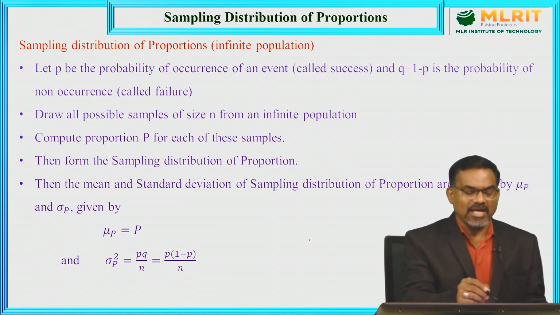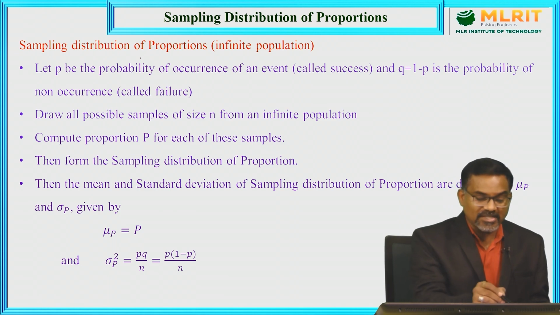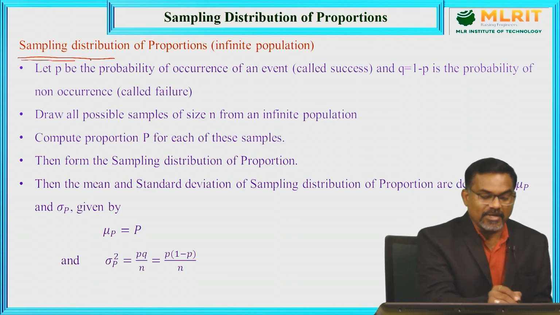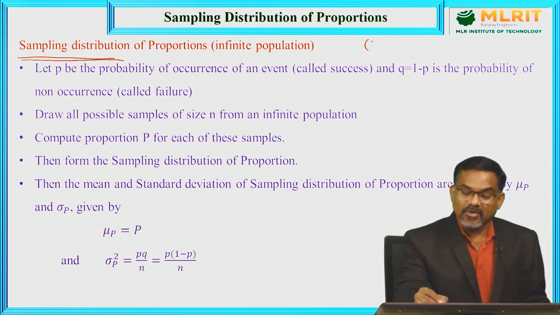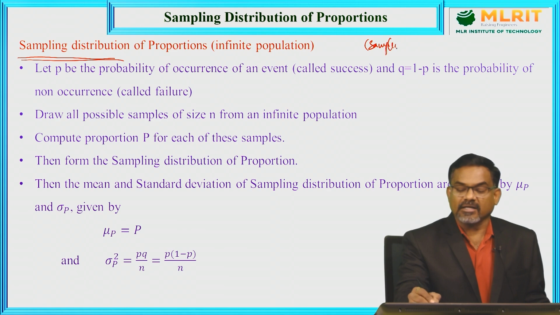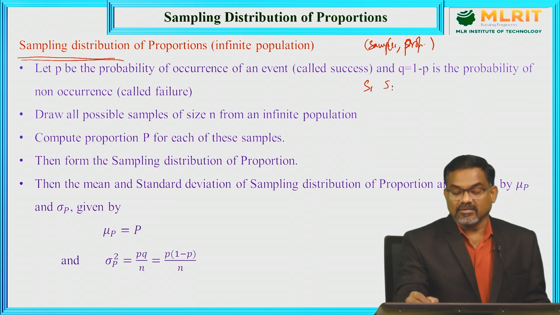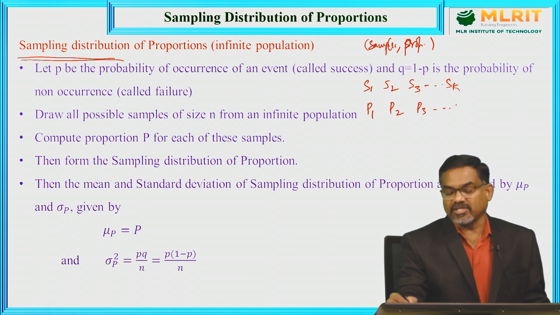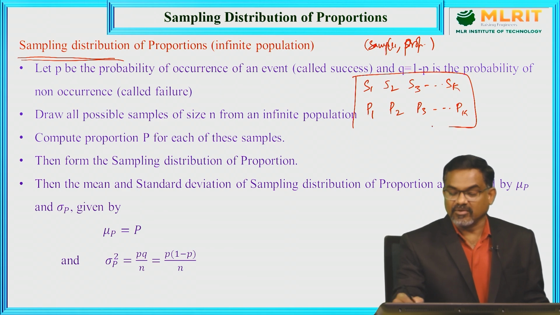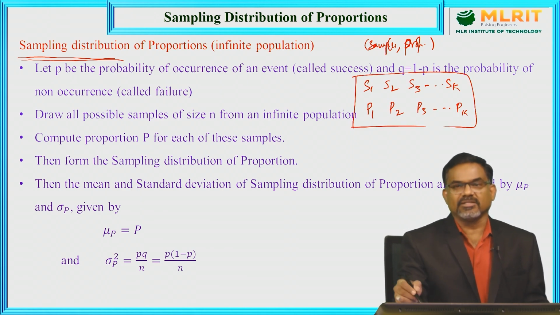In sampling distribution of proportions, first we know what is sampling distribution: the set of samples and corresponding statistic. For example, if there are k samples S1 to Sk and we have calculated k proportions, one for each sample, then we can represent the set of these values in the form of a table.